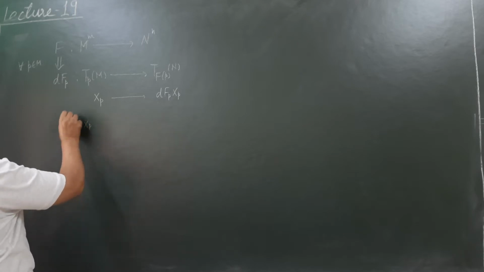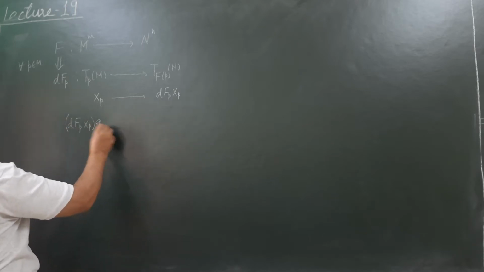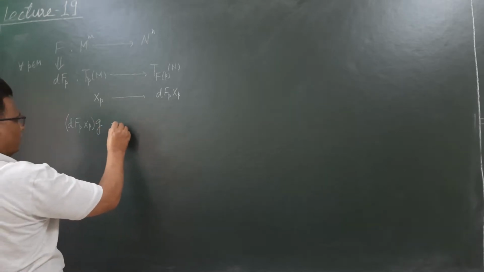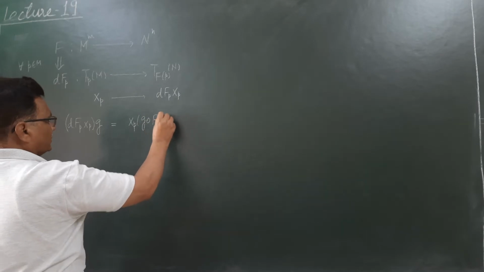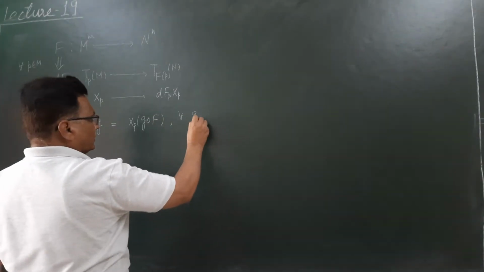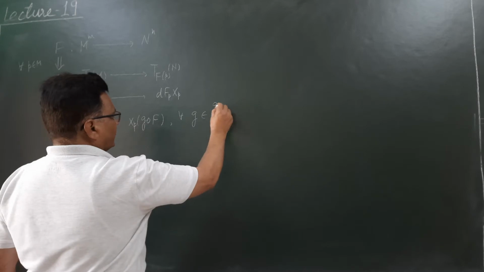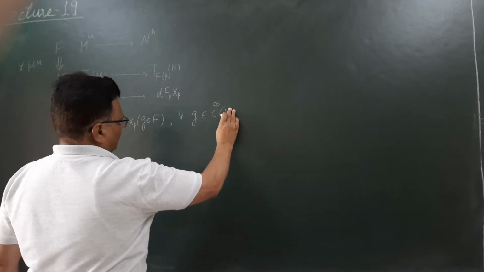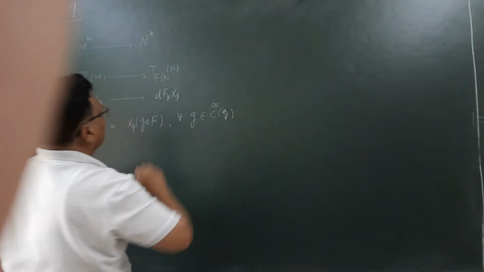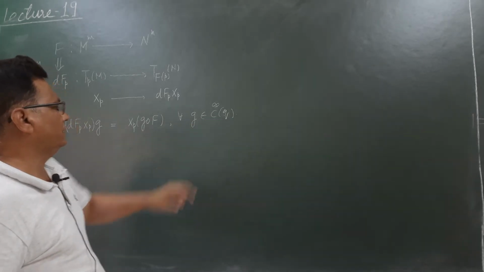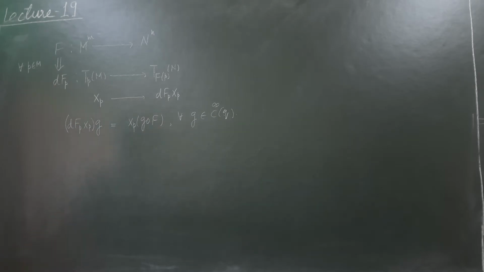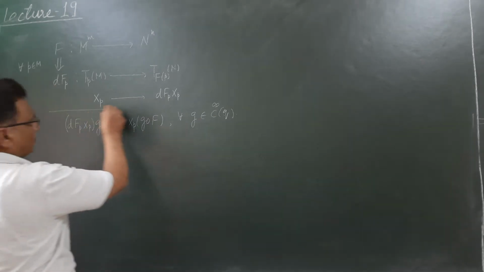DF_P X_P operating on a function g is given by X_P operating on g composition F, for all g belonging to C infinity of N. You can put it Q, because these things are local. We are discussing these objects at a point P. So, let us consider g to be a differentiable function in the neighborhood of Q. So, this is one of the definitions.